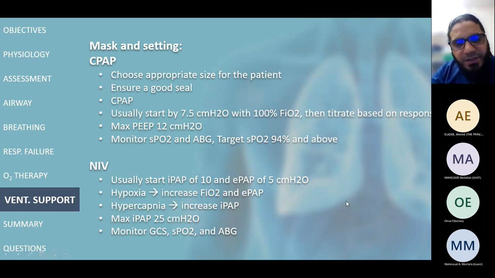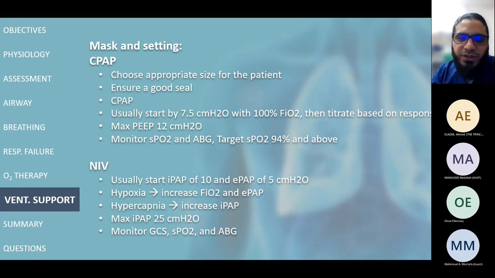The NIV, as I said, you have two different levels of pressures, the inspiratory pressure and the expiratory pressure. We usually start with 10 centimeter water for the inspiratory pressure and 5 for the expiratory one, and observe the patient for the response. If the patient is still hypoxic, you will increase the expiratory pressure, and you can increase the FiO2 as well.